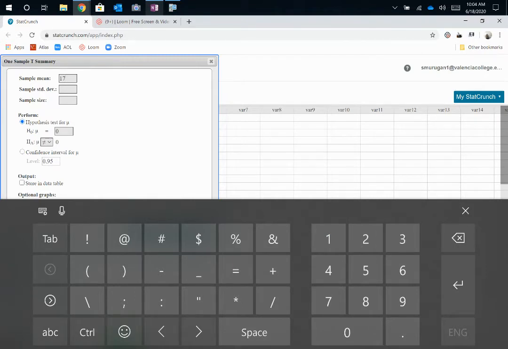The sample mean is 18,104. The sample standard deviation is 1,203.5.